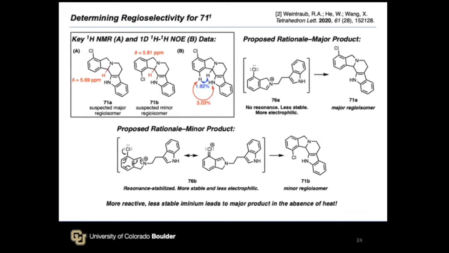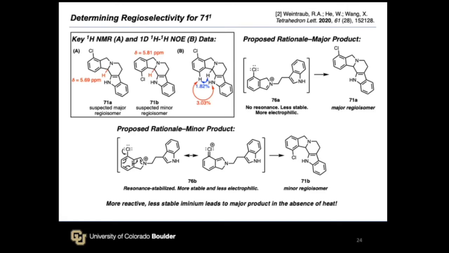But we determined the regioselectivity for the 3-chloroaldehyde cyclization product number 71. Based on this proton NMR data here, we suspected that the major product was 71A because the chemical shift of the methine proton was upfield of that of the minor regioisomer, which is consistent with it being farther away from the chlorine atom.